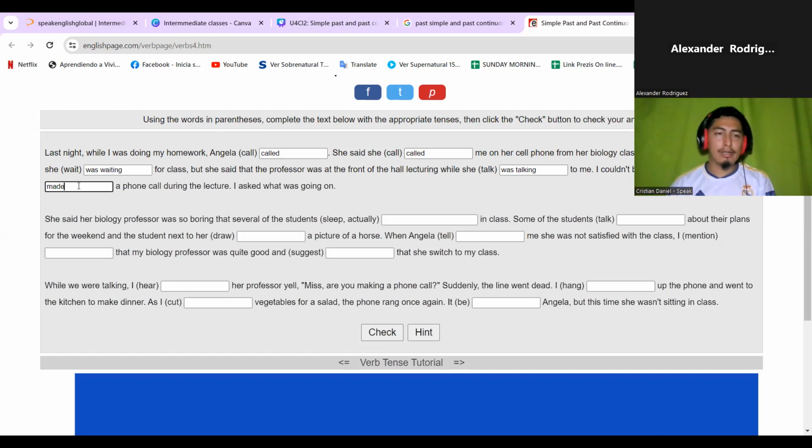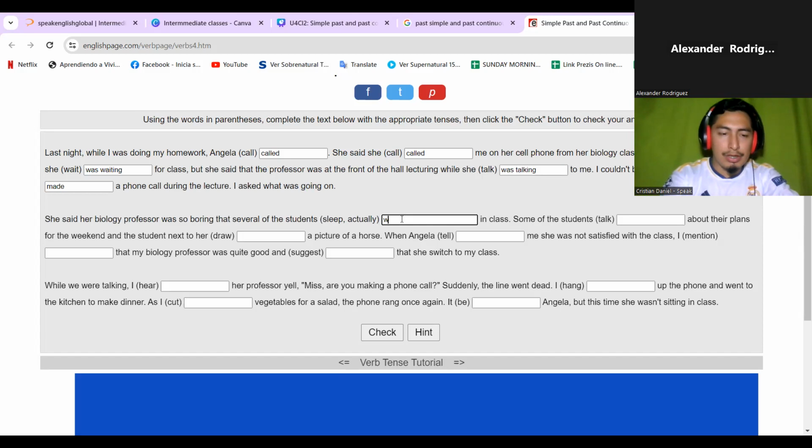She said her biology professor was so boring that several of the students were sleeping in class. Well, as you can see, we have the adverb actually.